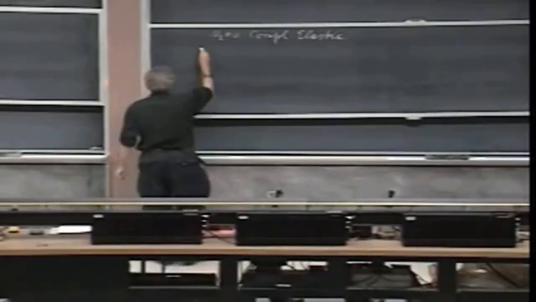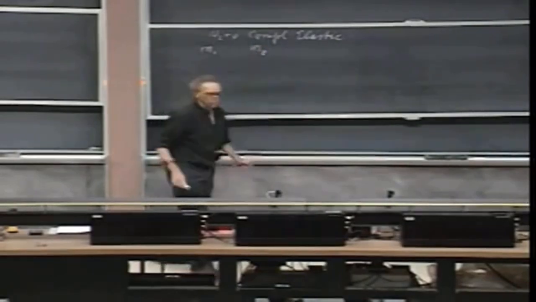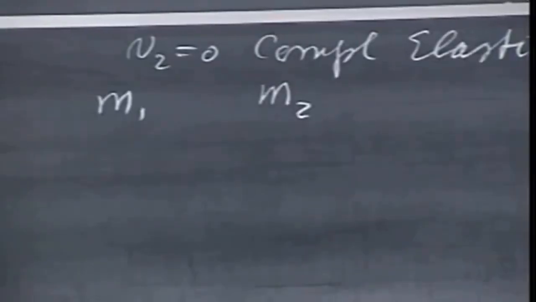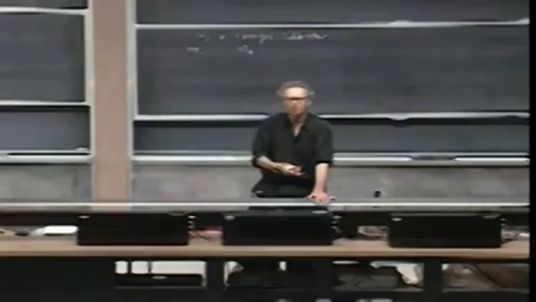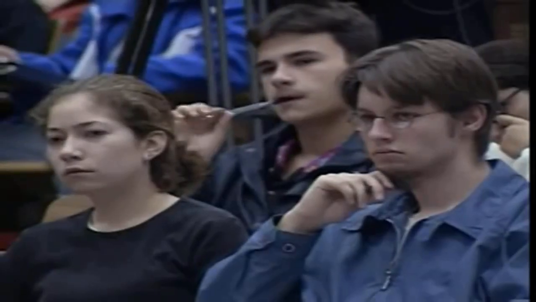I'm going to have one object M1, which I bang against object M2, and object M2 will be standing here, will have no speed. And object M1 comes in from this side, and I'll try to make the collision elastic. And the way I will do that is by using springs, which are attached to each mass. And springs are conservative forces.